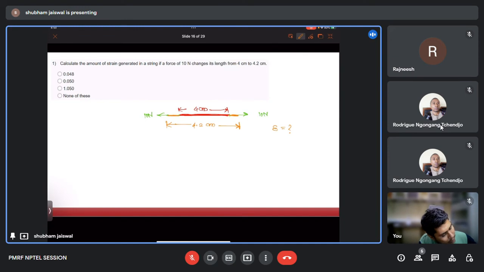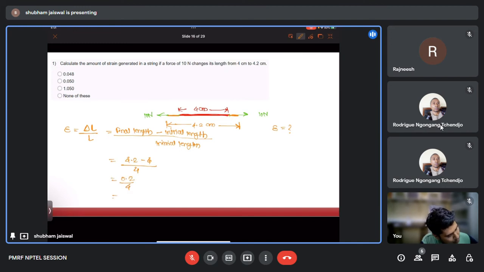The strain is nothing but change in length divided by original length, that is, final length minus initial length divided by initial length. Yeah, Mr. Rodrigue, third option, sir. Here we get 4.2 minus 4 divided by 4, which is 0.2 divided by 4.